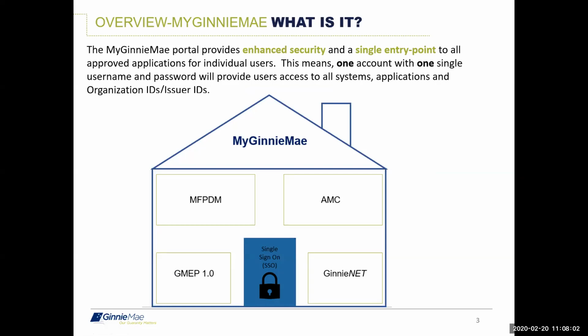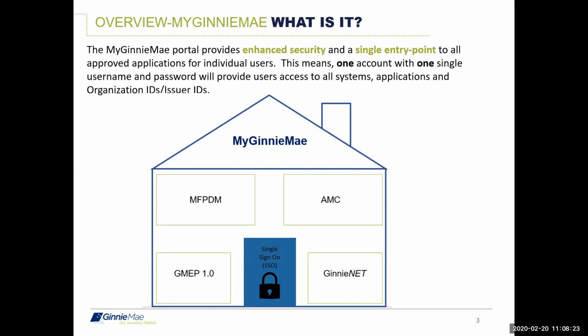Once you get through the front door, you then have access to all of the rooms that you were supposed to be accessing. So if you are an organization administrator in our systems, you'll have access to the access management console room. If you're a multifamily issuer in our program, you will have access to the multifamily pool delivery module.